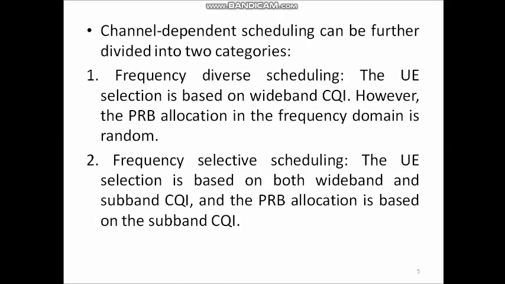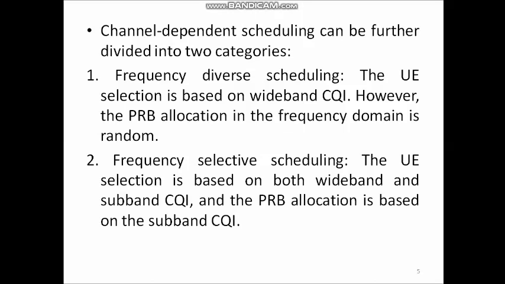Okay, next, channel dependent scheduling can be further divided into two types. First one is frequency diverse scheduling and second type is frequency selective scheduling. As we discussed previously, in CQI reporting there are two types. We have discussed this in the last session. Types are wideband CQI reporting and subband CQI reporting.